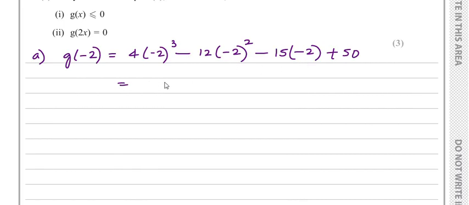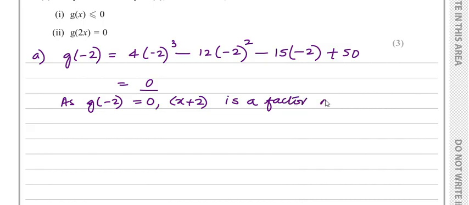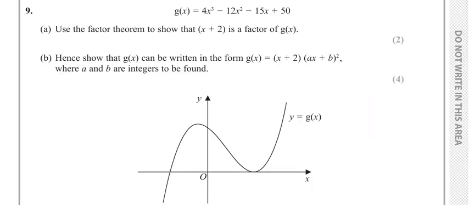So putting that into the calculator, I get 0, okay? Which means I can now write g of minus 2 is equal to 0. x plus 2 is a factor of g of x. That's as per the factor theorem.